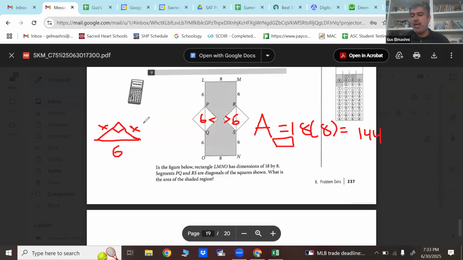We don't need to waste time doing that, because what you know is that these 2 sides are the same, because it's a square. So you say x squared plus x squared equals 6 squared. Does that make sense so far, how I took that triangle? And 6 is the hypotenuse. The other 2 sides, I don't know, but they're the same, right? So 2x squared equals 36. What does x squared equal?